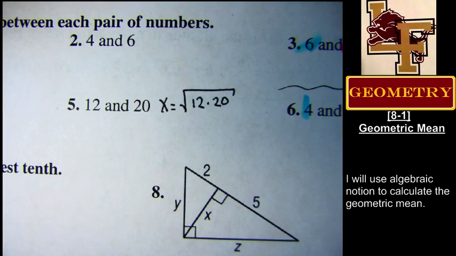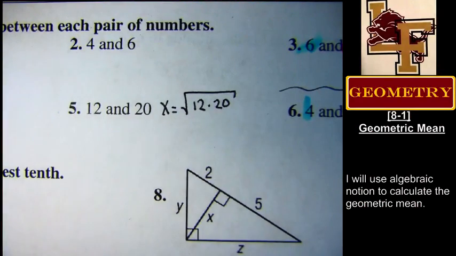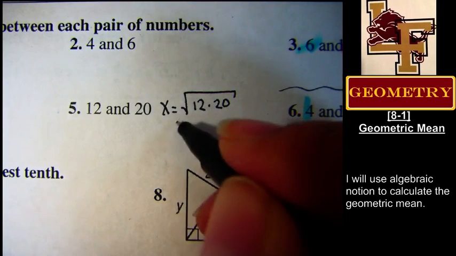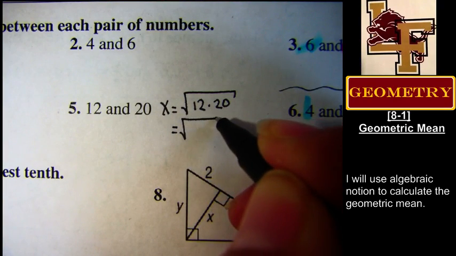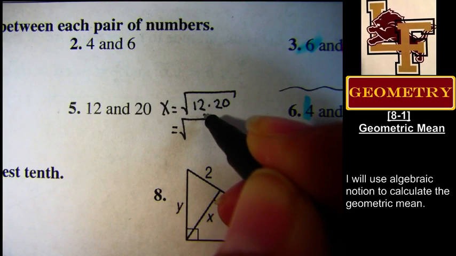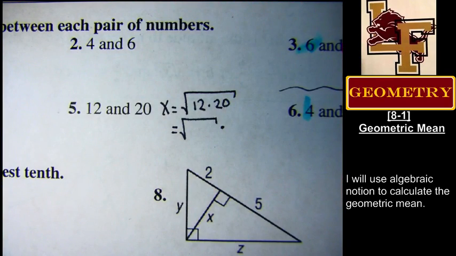Now, I could multiply these together and get a really big number, but I don't want to. And my directions don't say round to the nearest whatever, which means I can't put this into a calculator and get a decimal, because I want an exact number when it doesn't tell me to round. So I'm going to think of 12 as something times something, where one of the somethings I know the square root of.